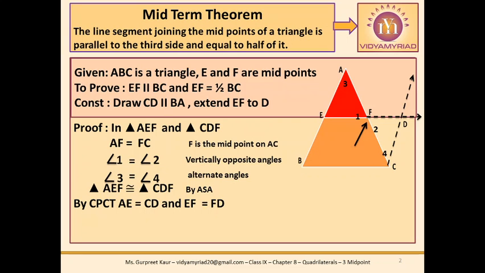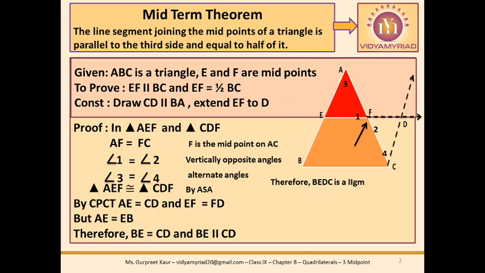Now when the triangles are congruent, we can say that AE is equal to CD and EF is equal to FD. But we already know as per the question that AE is equal to EB because E is the midpoint of AB. So we can say that BE will be equal to CD and BE is parallel to CD.